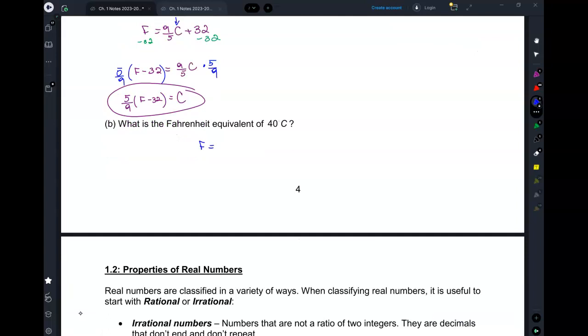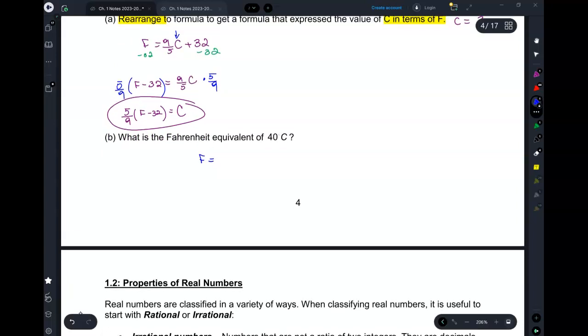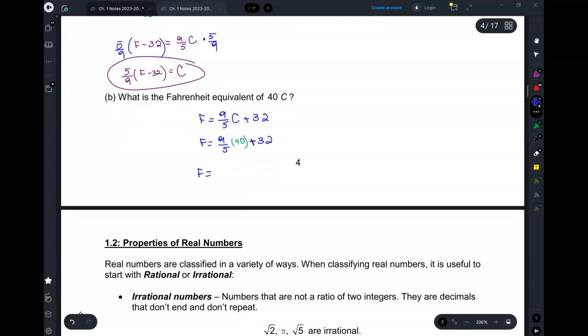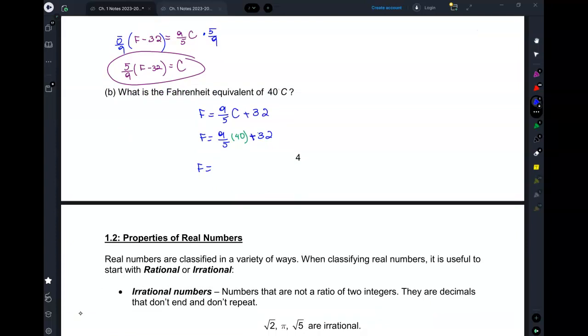So F is 9 over 5C plus 32. And so F is 9 over 5, what is the C? 40 plus 32. So let's see, I'm going to do this first.